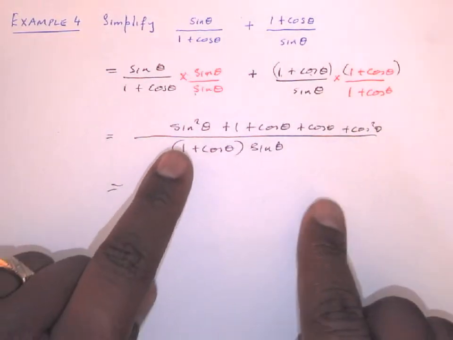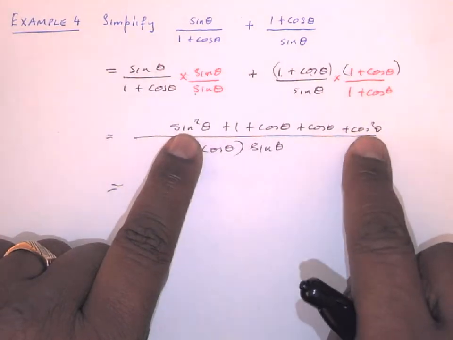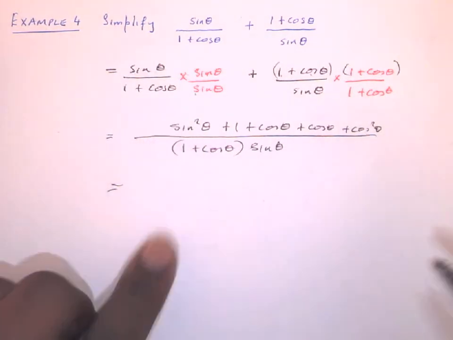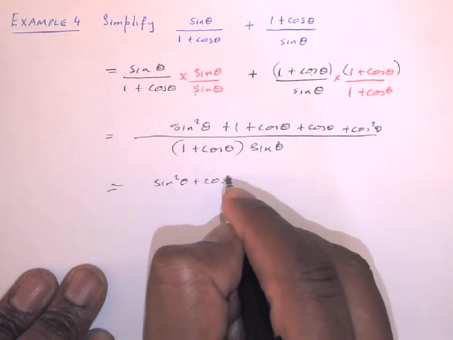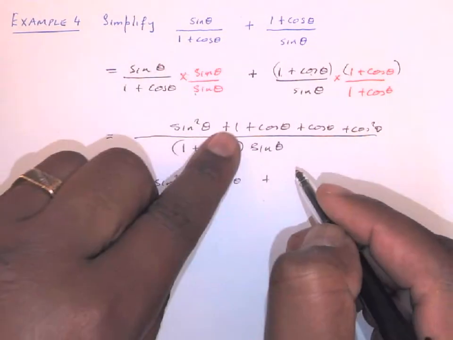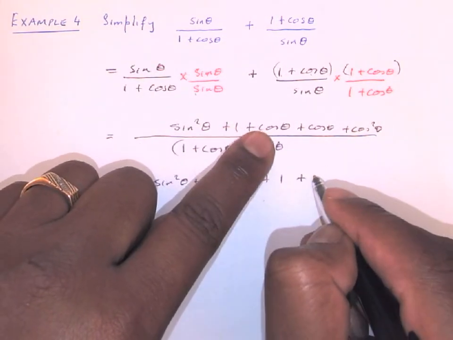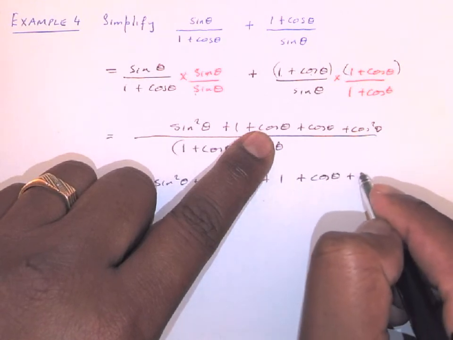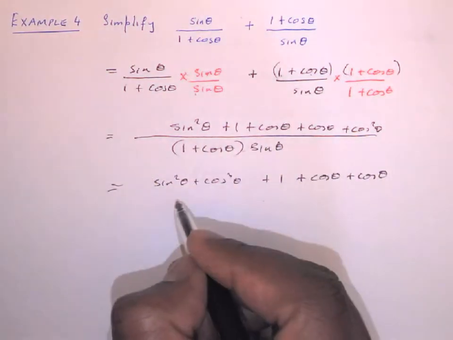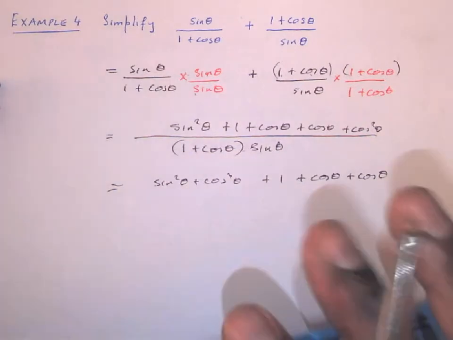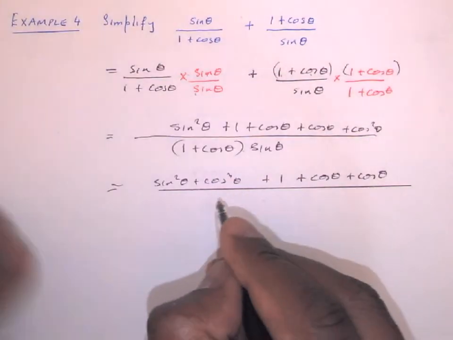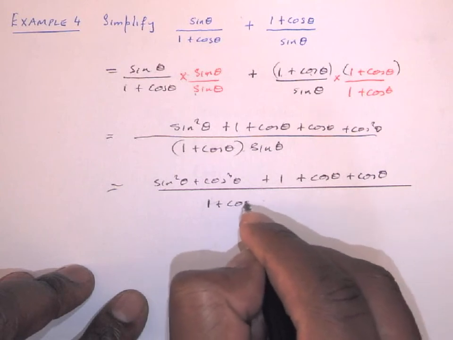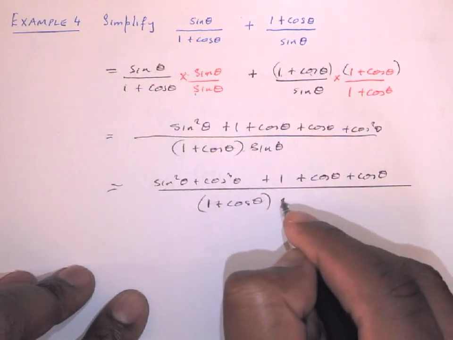Now, can you see sine squared theta and cos squared theta? We can group them and put them together. I've got sine squared theta plus cos squared theta, then plus 1 plus cos theta plus cos theta. All of this is being divided by 1 plus cos of theta times sine theta.